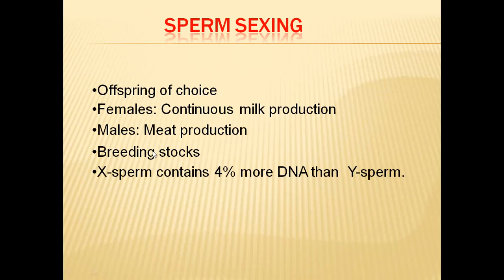And for breeding stocks, not only cattle but in all other cases also, the breeders will be different. Usually dairy people are different, and meat producers also are different. The breeders produce either male or female offspring, and they sell these offspring to the dairy people or meat producers.